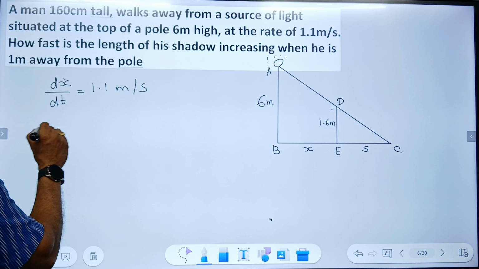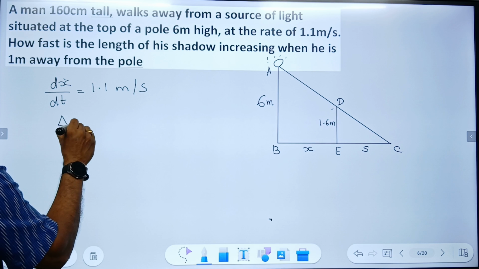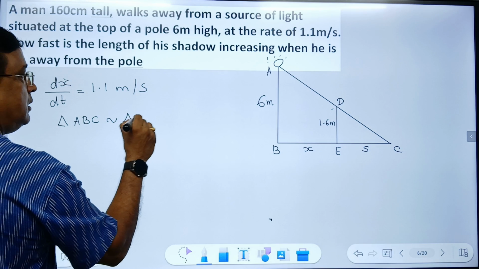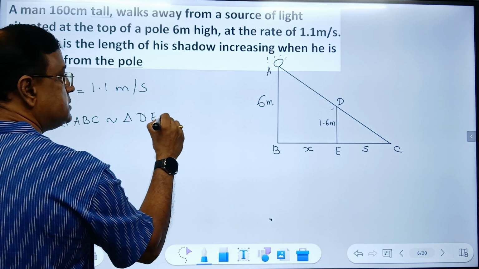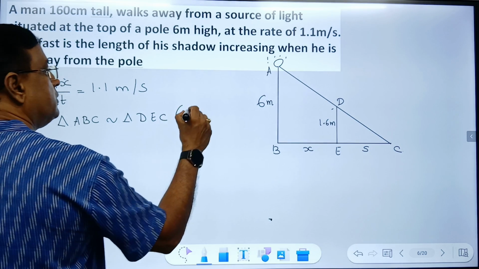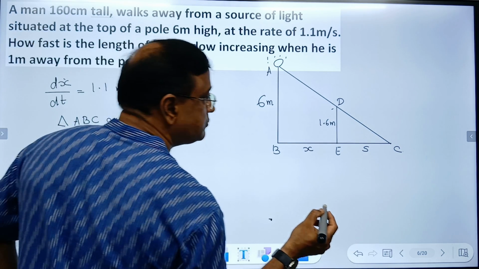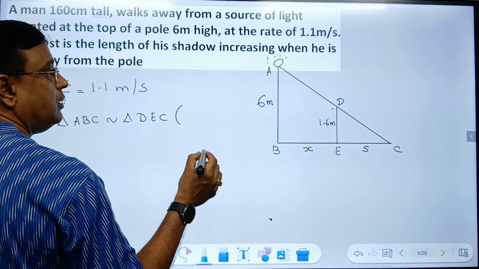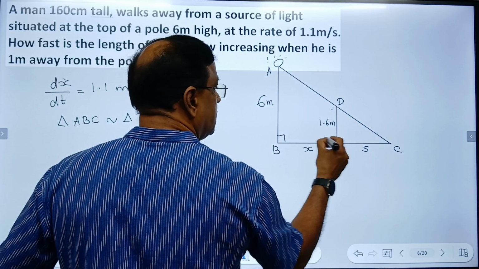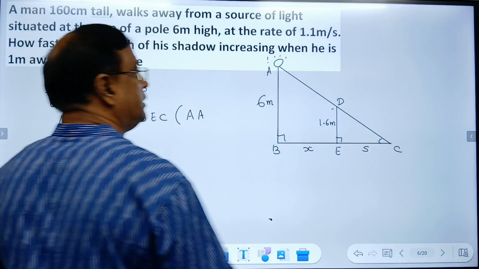So now you can see clearly triangle ABC is similar to triangle DEC. Why is it similar? Because of similarity: these two angles are equal, and this is a common angle.